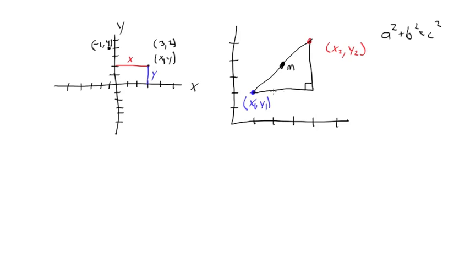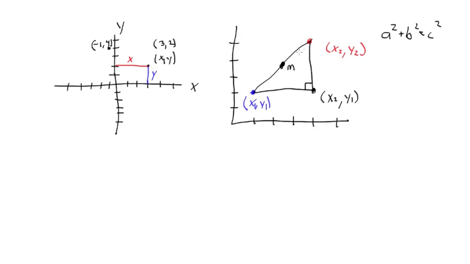So in other words, the length of this side squared plus the length of this side squared is going to equal the length of our hypotenuse squared. So at this point here, notice that I'm going to have the same x value as this point above, the same y value as this point to the left. So the coordinates of this point are going to have to be x2, comma y1.